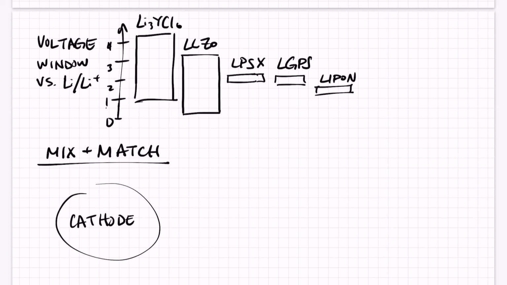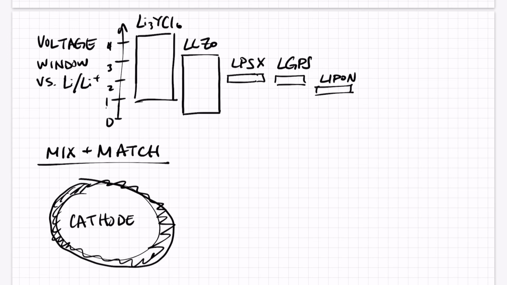You could take your cathode particle and create an interface with, let's say, another oxide material, and then you have sulfide-based solid state electrolyte, all mixed in. And this could be your composite in terms of designing a stable cathode composite that minimizes electrochemical decomposition as well as chemical decomposition.